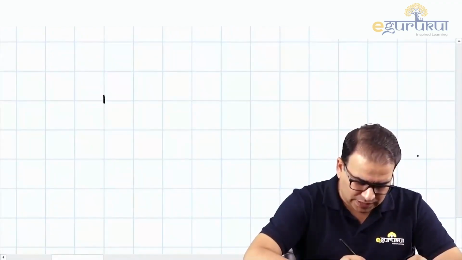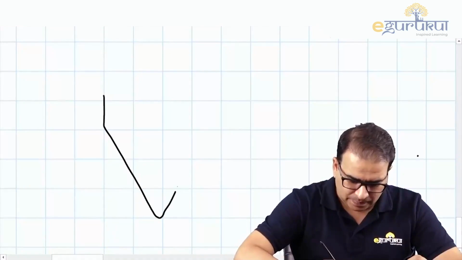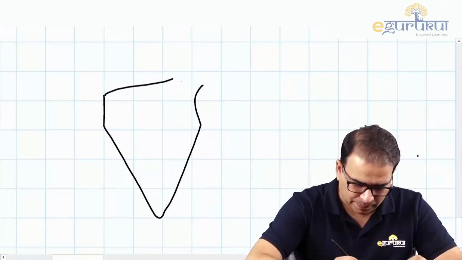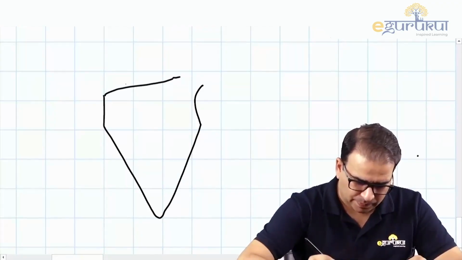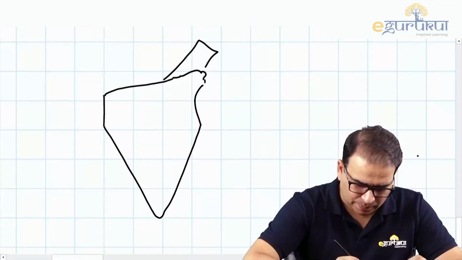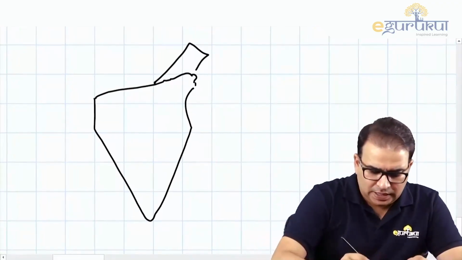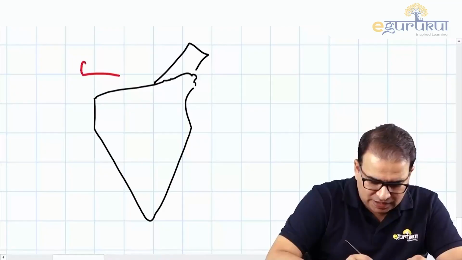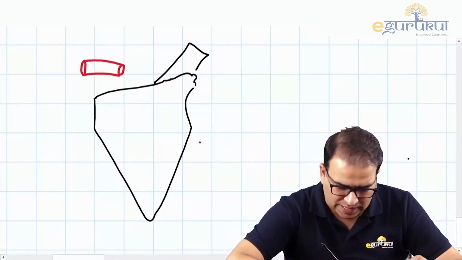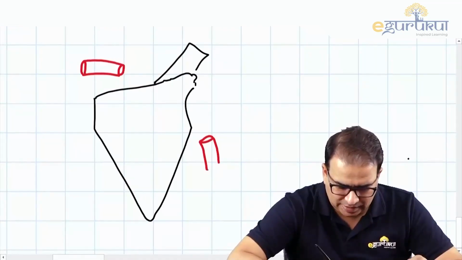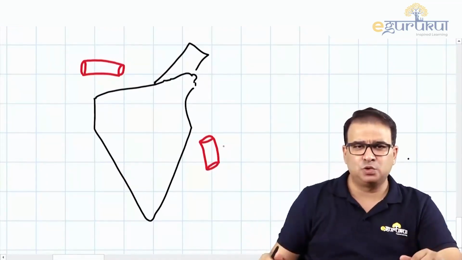So let's presume this here is a scapula. We have the axillary artery, and the first part of the subclavian artery, which is somewhere here. Continuing with that, if I reach in here, this is the third part of the axillary artery. I'm removing the middle part just to avoid any confusion.